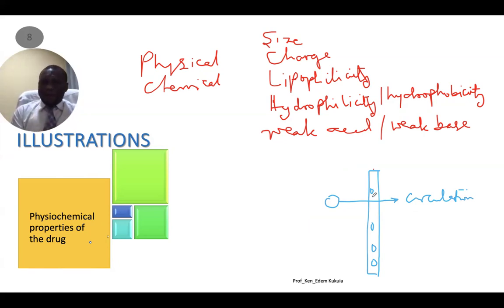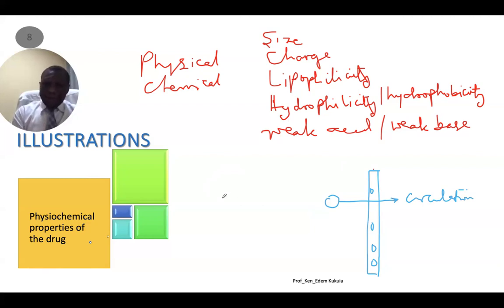So a drug that is hydrophilic may find it more difficult to cross the cell membrane as compared to one that is hydrophobic. So always keep that in mind. The hydrophobic ones will cross easily, so they are absorbed better as compared to the hydrophilic drugs.